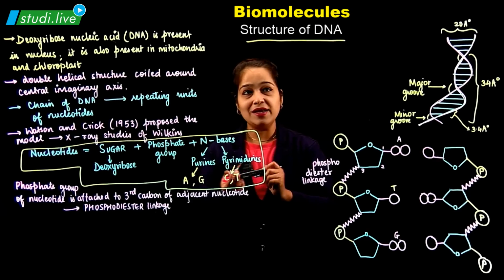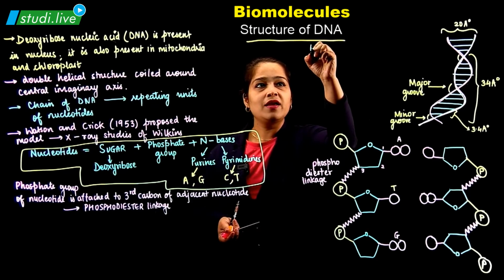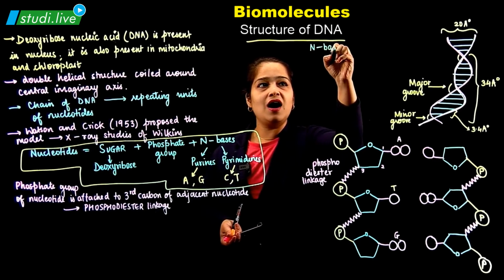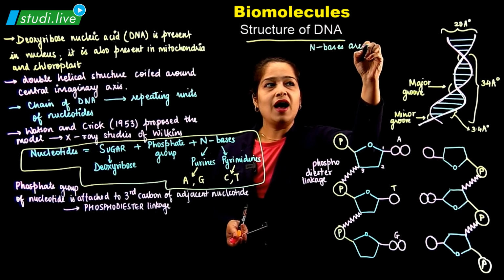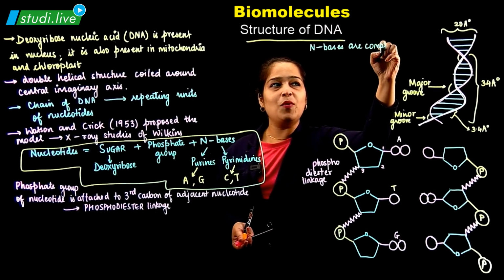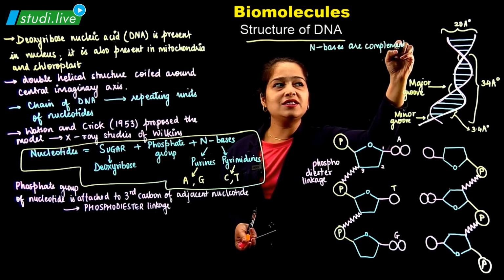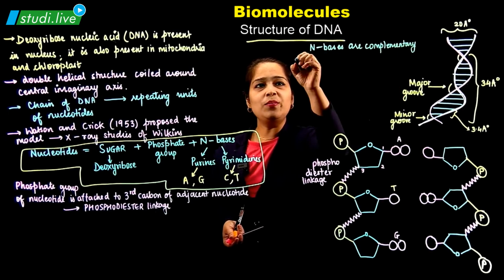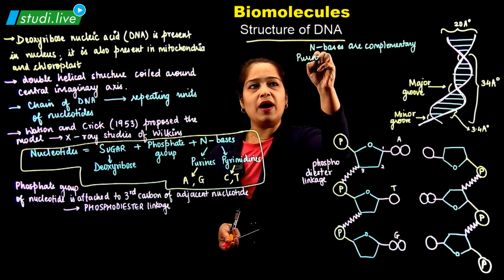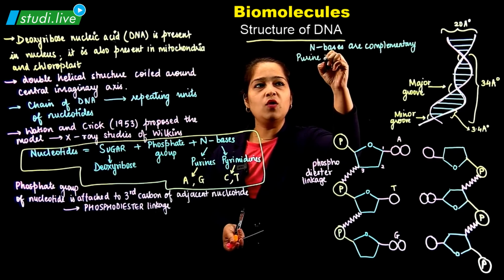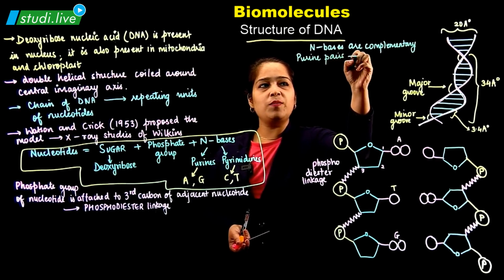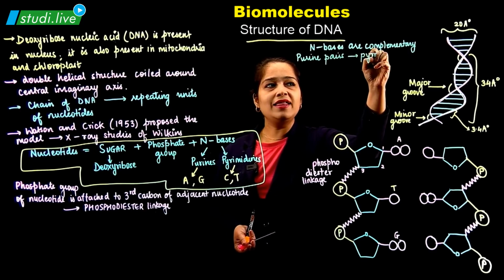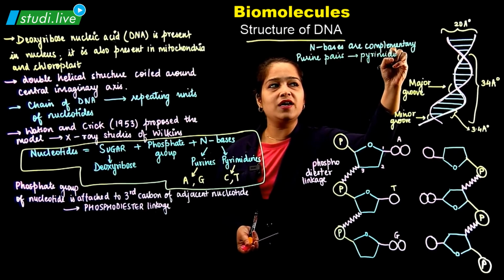These nitrogen bases are complementary. And this explains a very important rule which is called Chargaff's rule. One purine always pairs with a pyrimidine, and their pairing is highly specific.